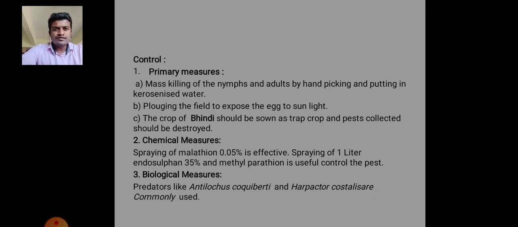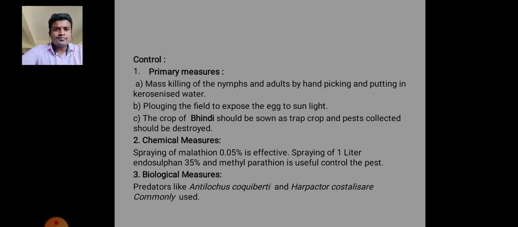Biological measures are also given here. Predators like Antilochus cuberti and Harpactor costalis are commonly used as a biological measure to control the red cotton bug as a pest.